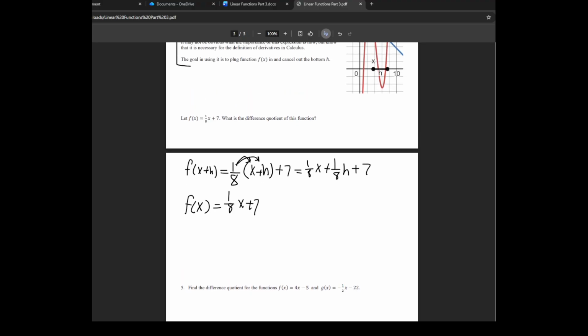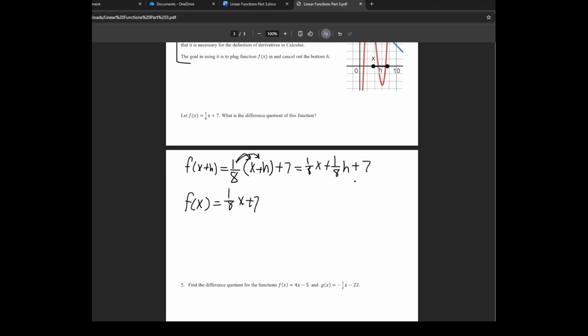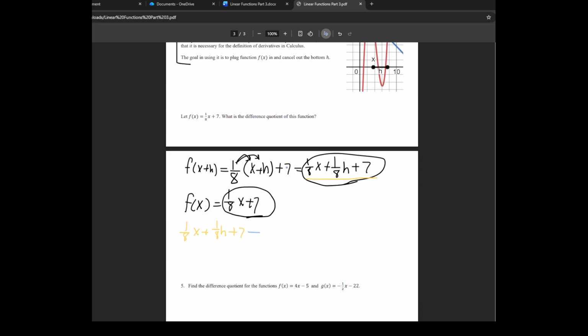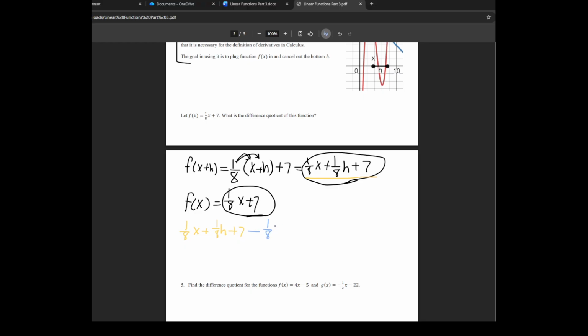Now if we want to find the difference quotient, again, h is an unknown. We can just plug in this for f of x plus h, this for f of x, and then try and simplify as much as we can. So f of x plus h will be 1 over 8x plus 1 over 8h plus 7. And then we'll do minus f of x, so minus 1 over 8x plus 7. I do have to be really careful with this minus sign.